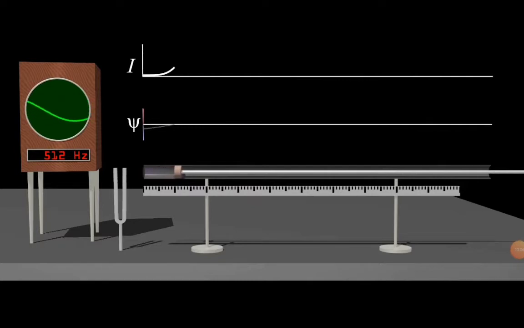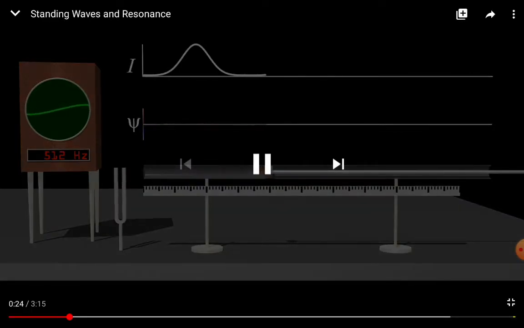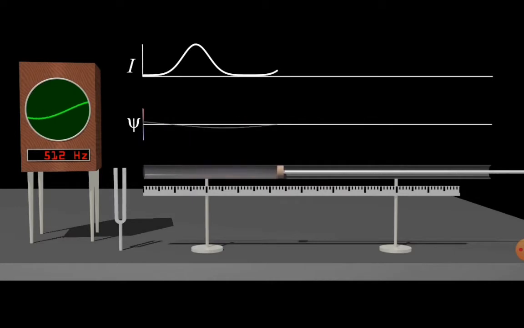So when the valve is moving, it's going to detect points where there's a louder sound. That is where we have the antinodes, and where it's almost completely silent, we have the nodes. And this is at a standard frequency.